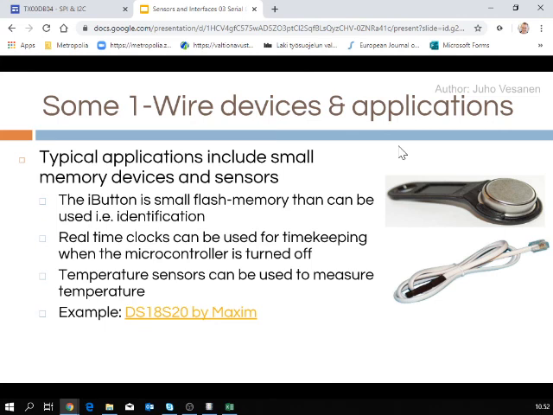okay, iButton, that used to be a big thing, although it's not anymore. I think it's obsolete technology already. It was a big thing 10 years ago. Then some real-time clocks, because real-time clocks usually have either their own power source or a battery inside.